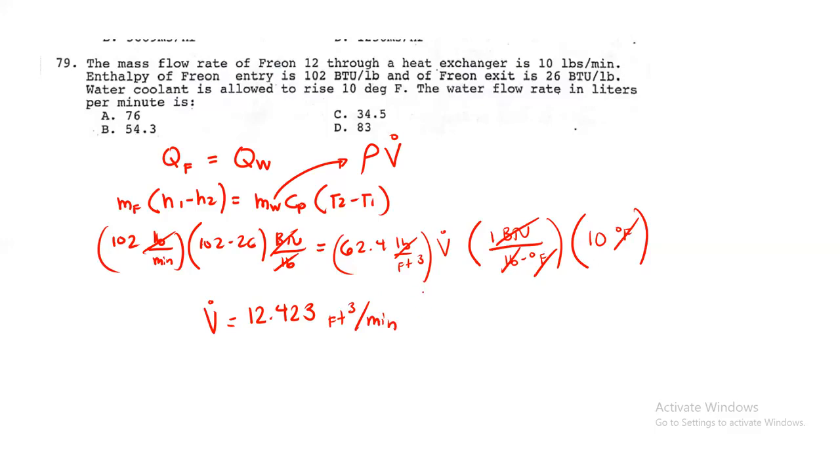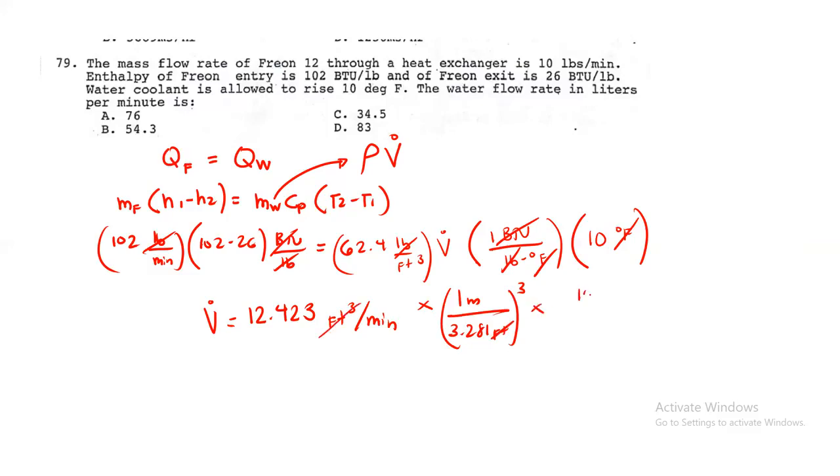Then i-convert natin into liters. So times 3.281 feet per meter, no? Baliktad, baliktad. Convert muna natin into meter. So 1 meter per 3.281 foot. So raise natin sa 3 para maging cubic feet.